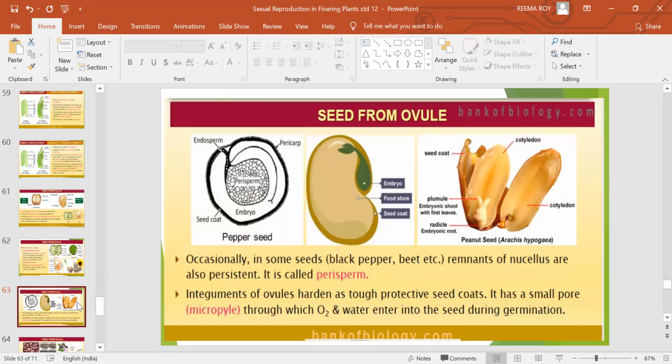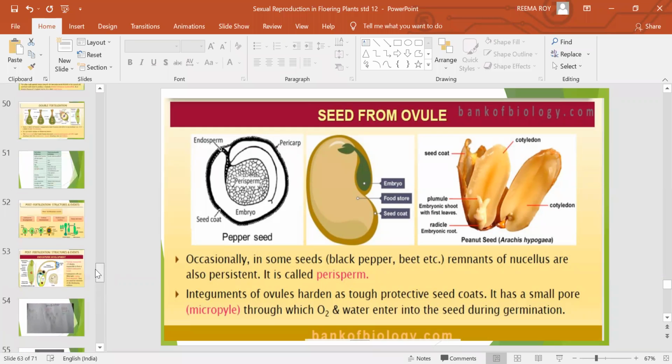Occasionally in some seeds such as black pepper and beet, the remnants of nucellus are also persistent. It is called perisperm. Sometimes in some seeds there will be something remaining from the nucellus, and that remaining part is called perisperm. Where did we see perisperm?